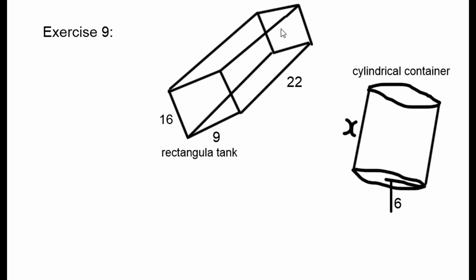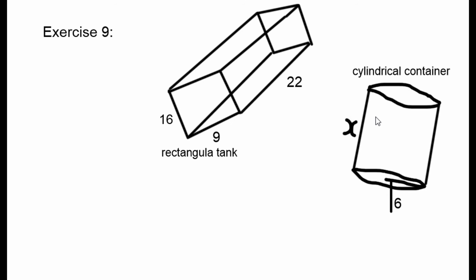Now let's solve example 9. So this is a representation of the rectangular tank. This is the height, this is the width, and this is the length of the rectangular tank. Water is filled up in this rectangular tank, which is poured into this cylindrical tank.